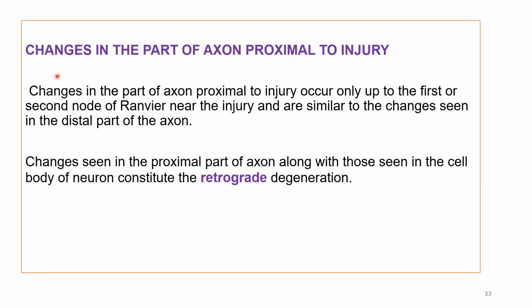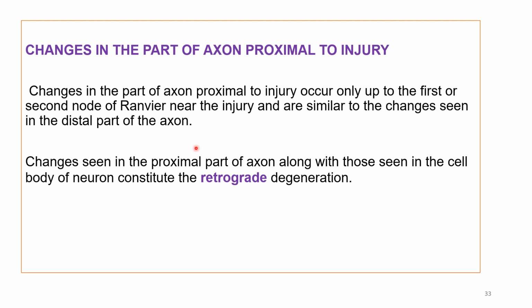Now, what are the changes in the axon which is proximal to the injury? The changes which occur in the proximal part of the axon are called retrograde degeneration. These changes are similar to the changes which occur in the distal part of the axon, up to the first or second node of Ranvier near to the injury.